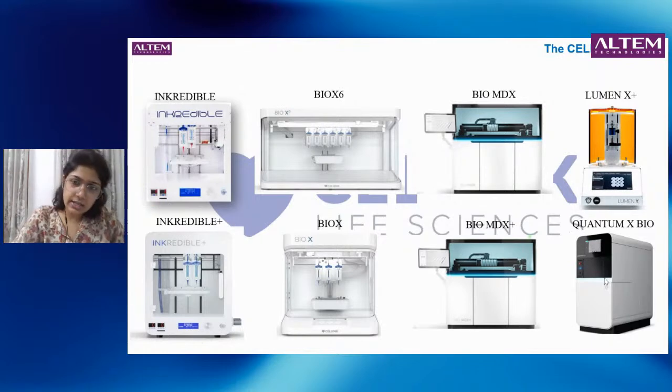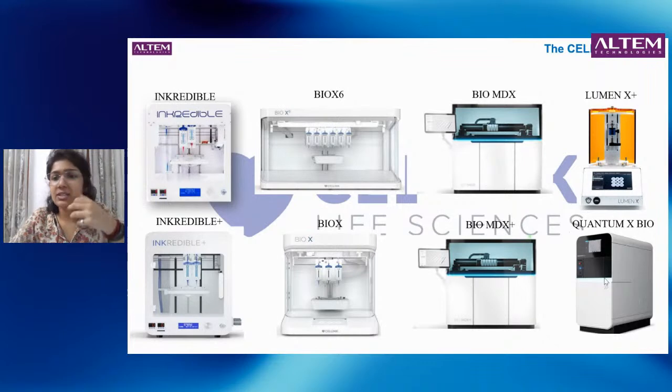We have industrial grade machines like the BioMDX, the BioMDX Plus, we have Luminex Plus, and the Quantum X Bio. The Luminex Plus as well as the Quantum X Bio are highly recommended for microfabrication, say microneedles or miniature structures, creating implant devices, drug delivery devices, graft models. All of these become very easy in terms of resolution, size of printing, any biological sample as well.